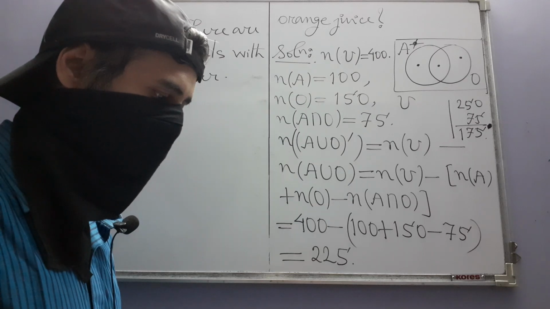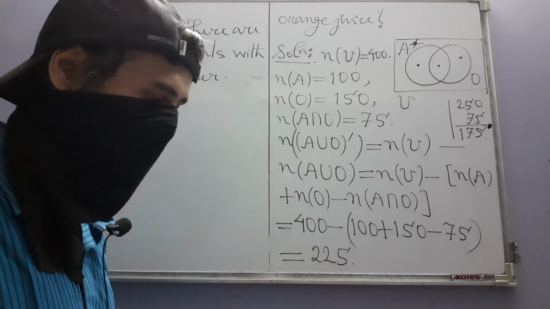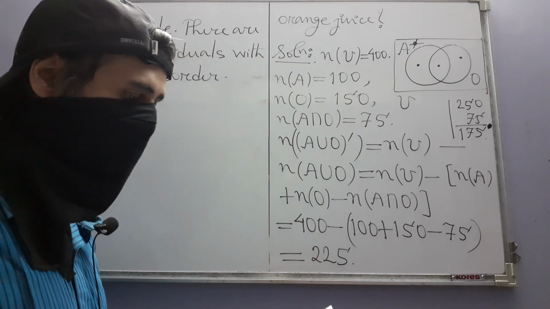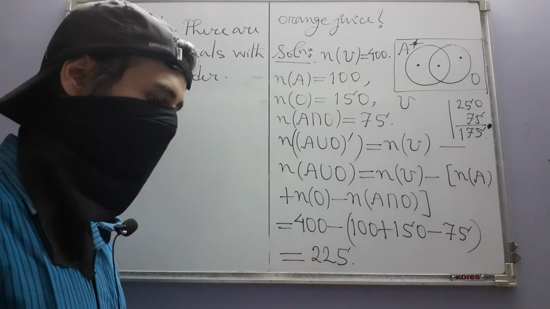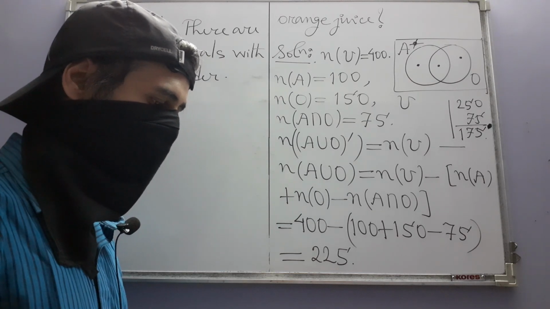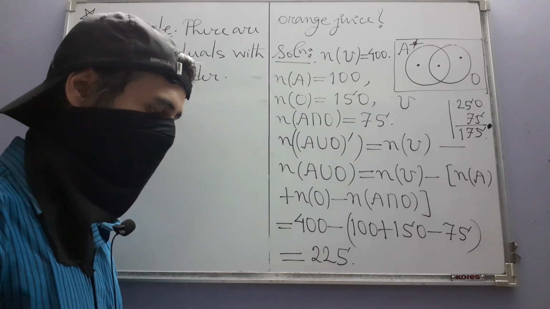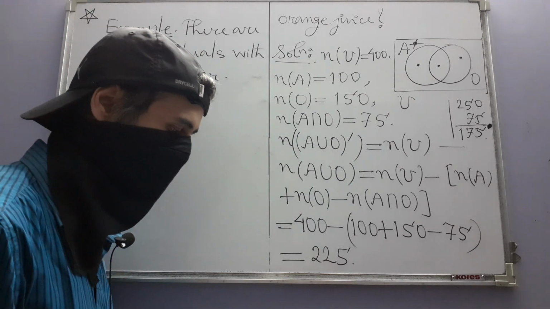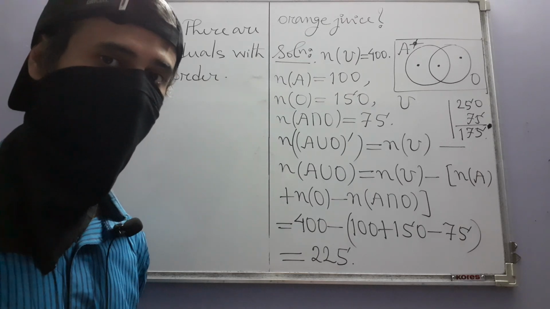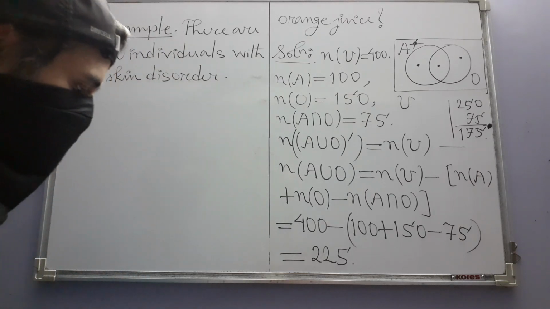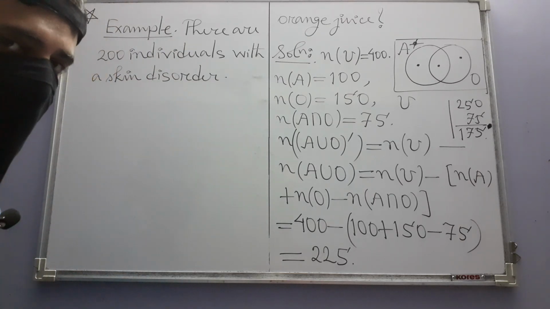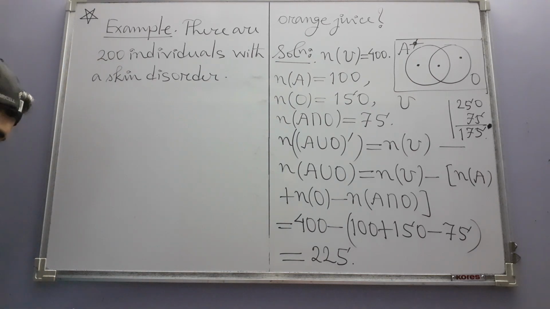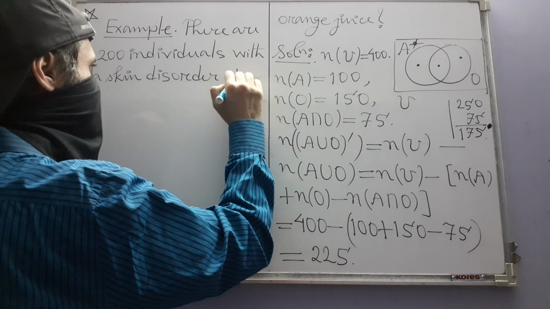Is it like a medicine test, or is it because they got exposed to a chemical that they got the skin disorder? I think it's some kind of medicine, just to see how they react. Maybe, although it's not really necessary for us to know in order to solve this problem.